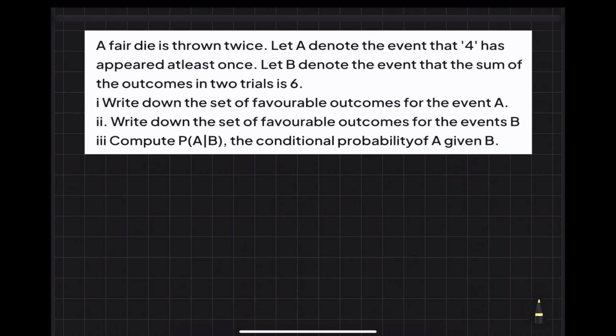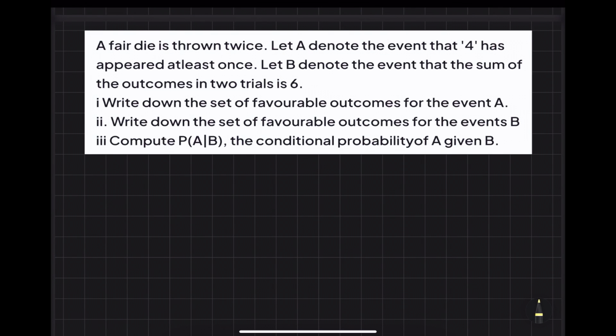So A is an event in which 4 will appear at least once, so it can come up twice as well. Let B denote the event that the sum of outcomes in two trials is 6. So you know who is A, you know who is B.